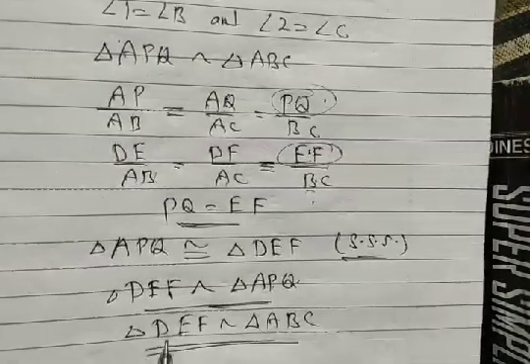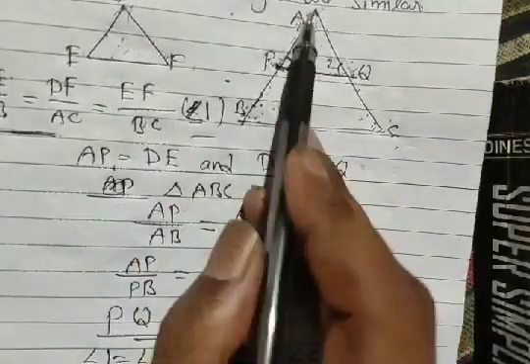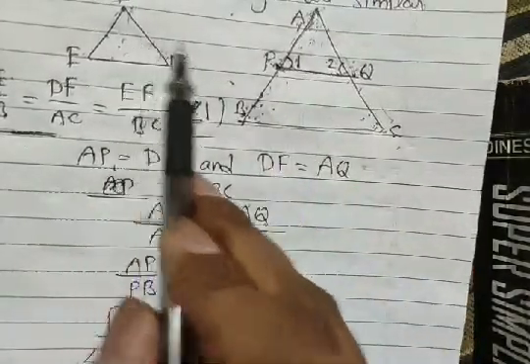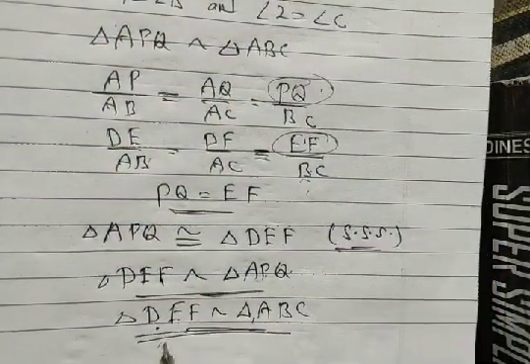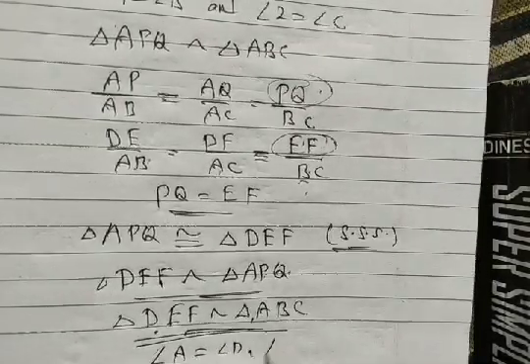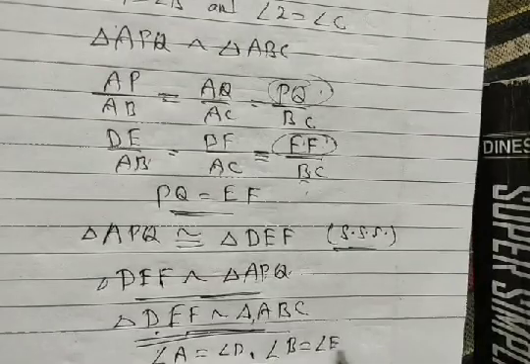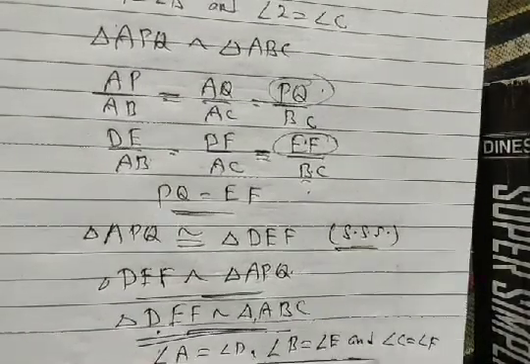Since our triangles are similar, our corresponding angles are equal, meaning angle A is equal to angle D, angle B is equal to angle E, and angle C is equal to angle F. This is our required result.